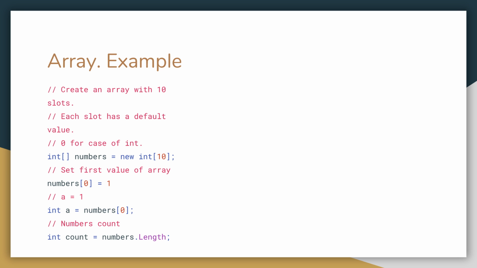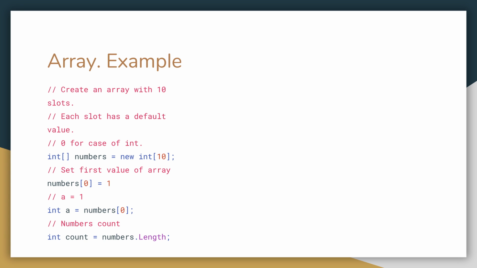So in this example, we create an array of 10 elements. Those 10 elements will have default values. For int, it's 0.